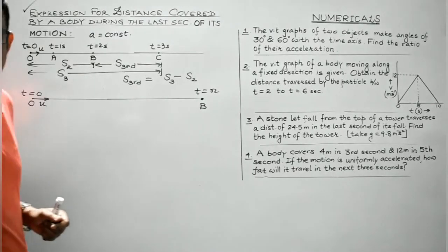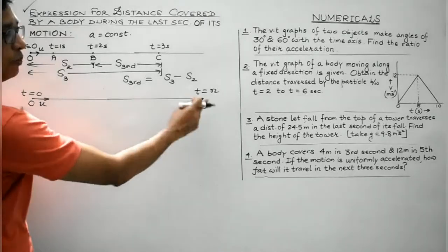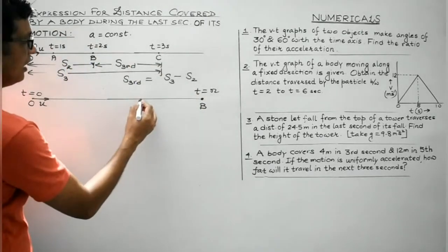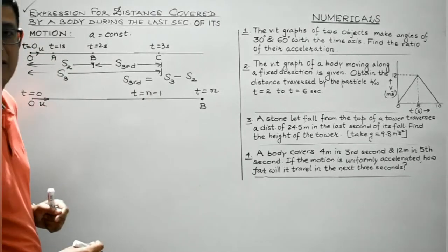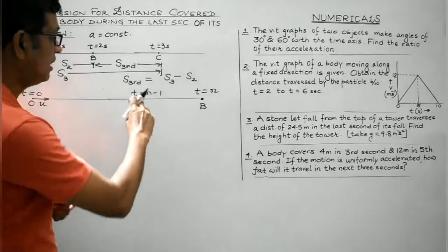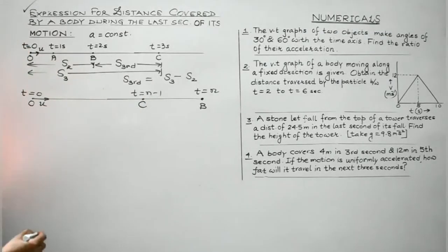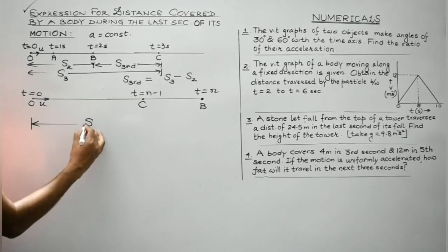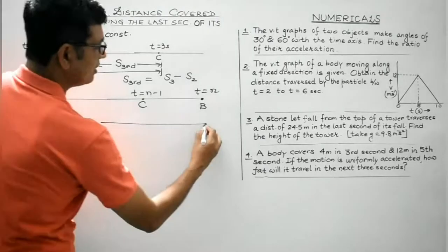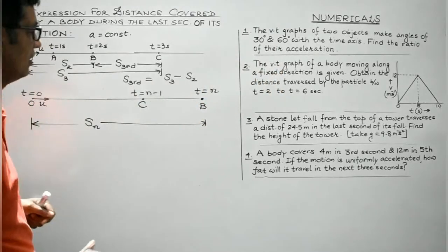So the body is taking n seconds to complete its journey from O to B. In time n minus 1 seconds, the body will be somewhere over here, isn't it? So OB is the distance covered by the body during n seconds. N is the total time taken by the body to complete the entire journey from O to B, right?